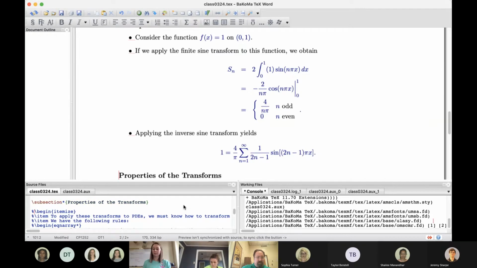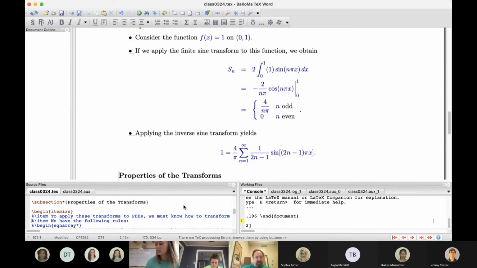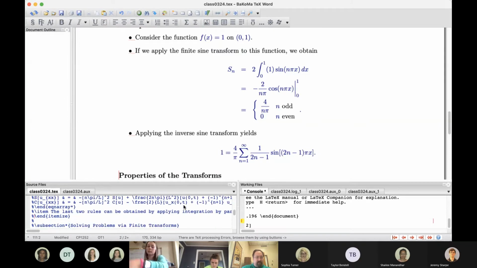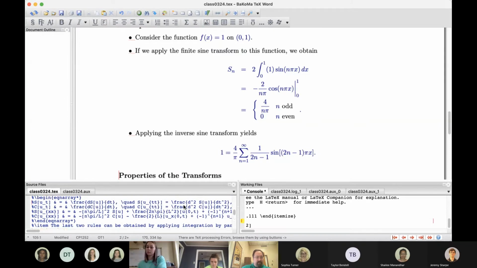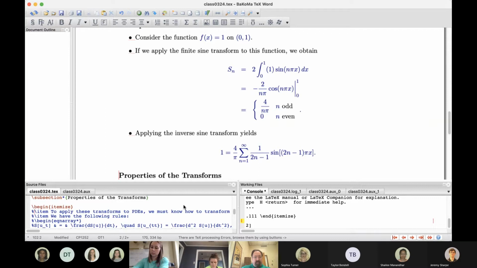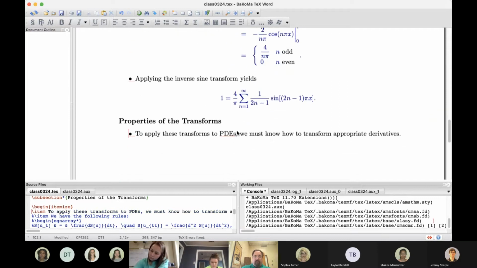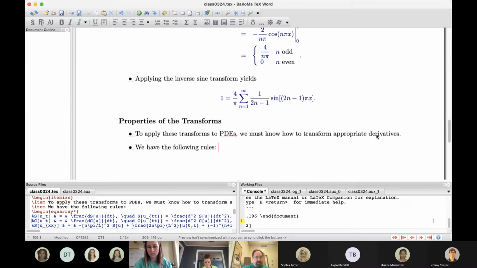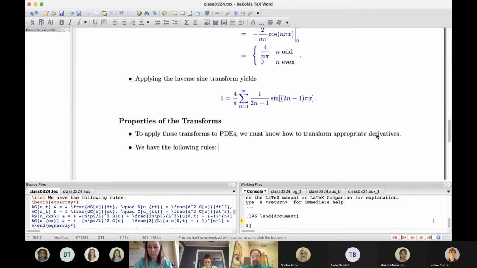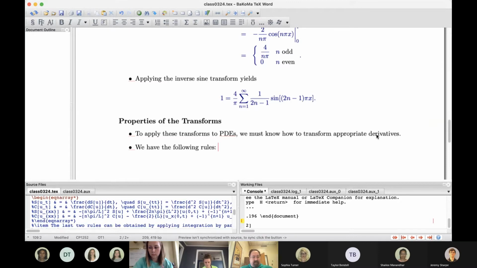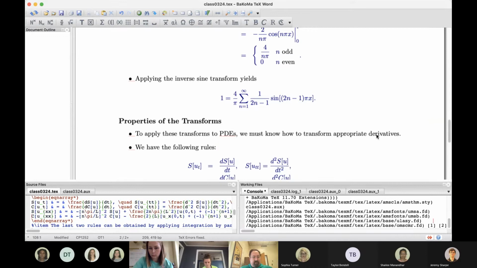Now, some properties of these transforms that will be useful for solving initial boundary value problems. You have to be able to transform derivatives with respect to x. So these rules will help for both the sine and cosine transform.